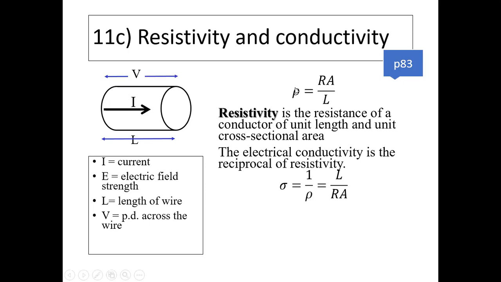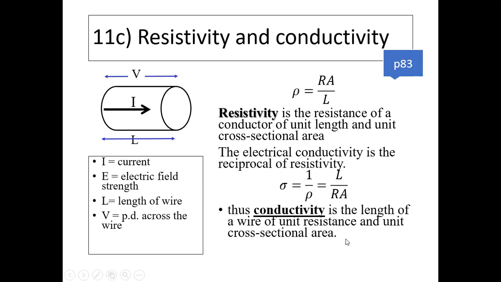So we just take this rho down, take L up, take RA down. That's how we derive the equation. Conductivity is the length where we put R equals 1, A equals 1, that is, unit length, unit resistance and unit cross-section area.